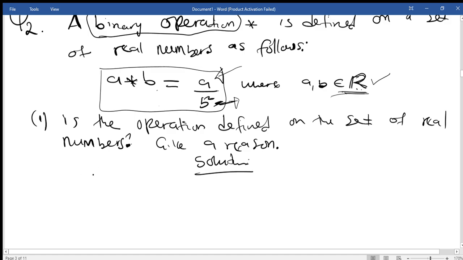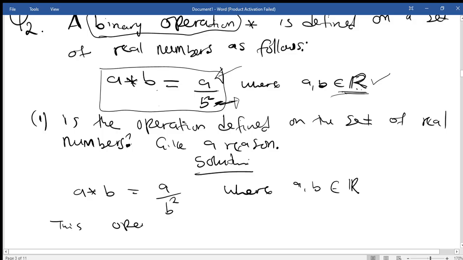So we are saying A star B is equal to A over B squared, where A and B are members of the real number set. So this operation will be defined if A over B squared is also contained in the real number set.